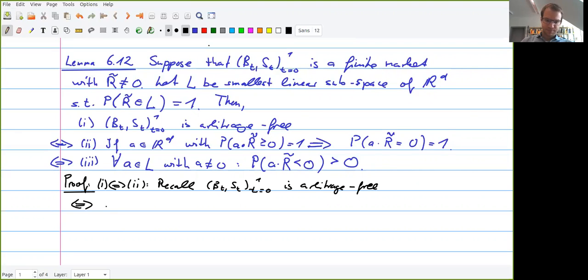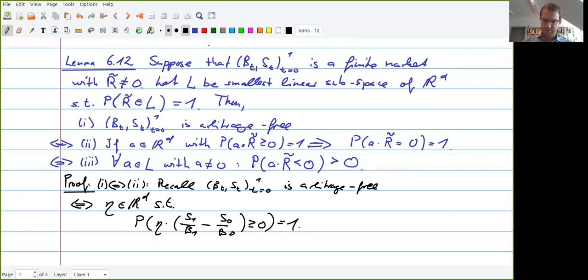there exists an eta in R^D. So this is the position in the risky assets such that, if we take this position eta in our market and then consider the discounted price process, this is non-negative with probability 1. Oh, sorry.